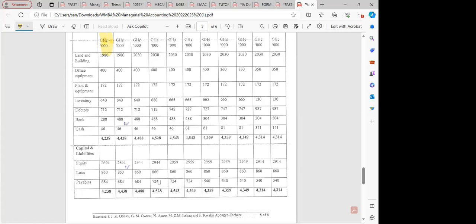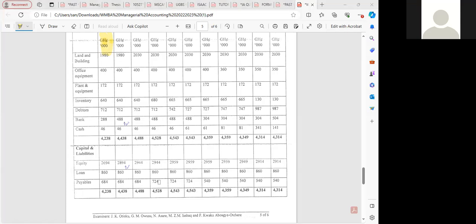It may suggest that probably you have bought on credit. So it could be that you have purchased on credit.